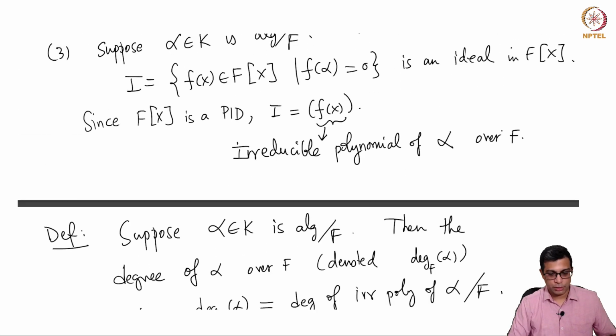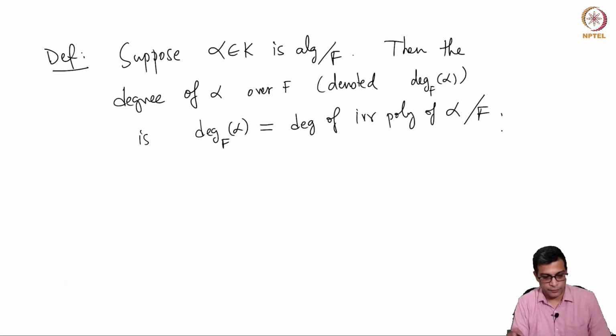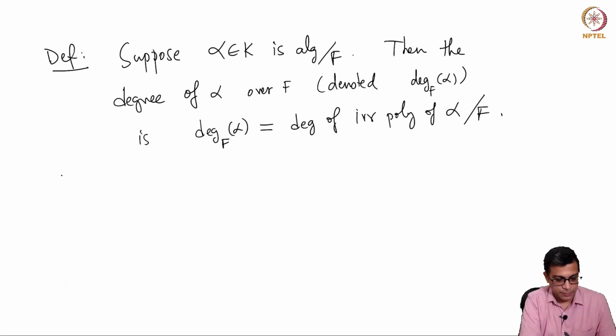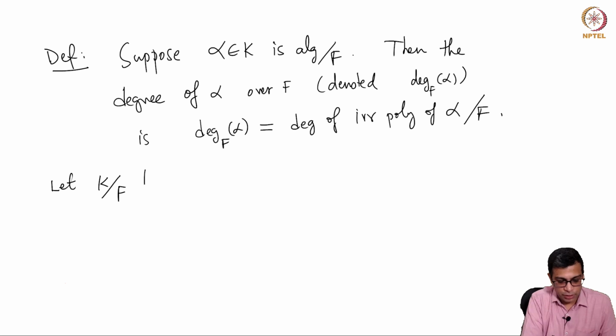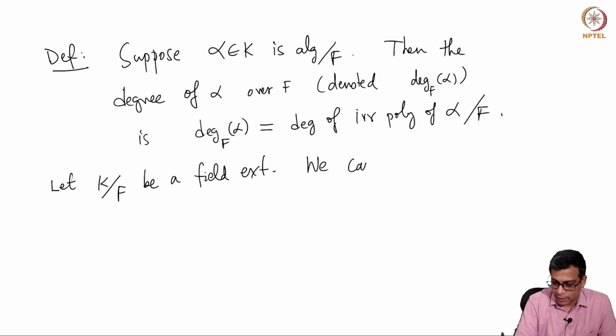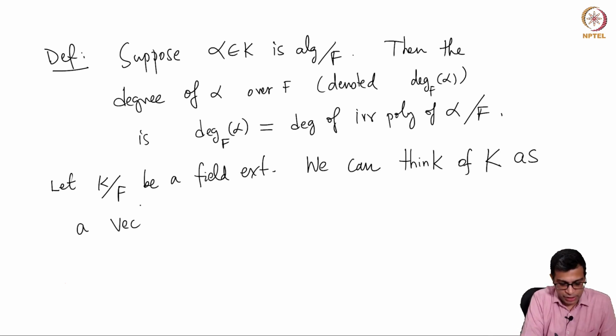And let me just complete the review and then we will spend some time giving examples. So let's say K over F is a field extension. We can consider K as a vector space over F, right?